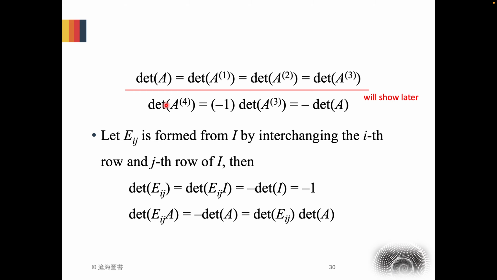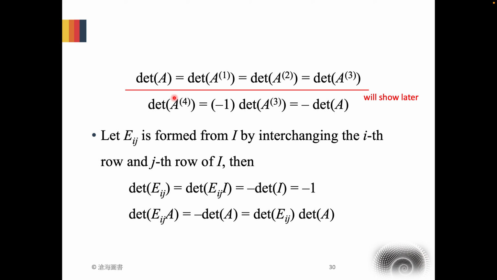Okay, and the result of the interchange operation is that we multiply the original determinant by -1.